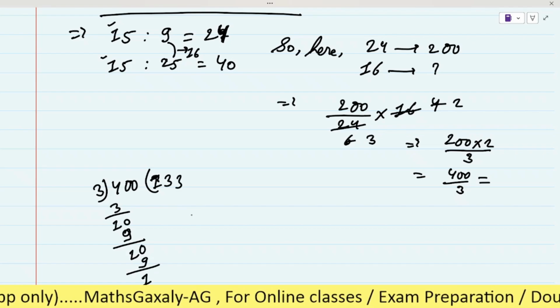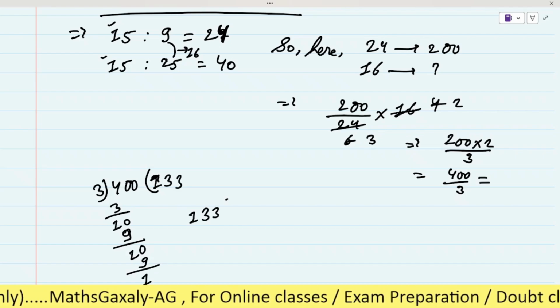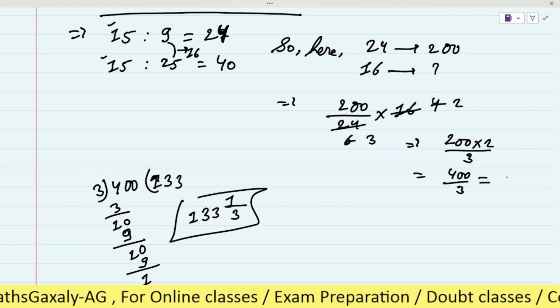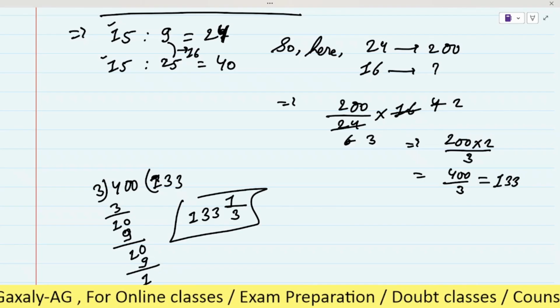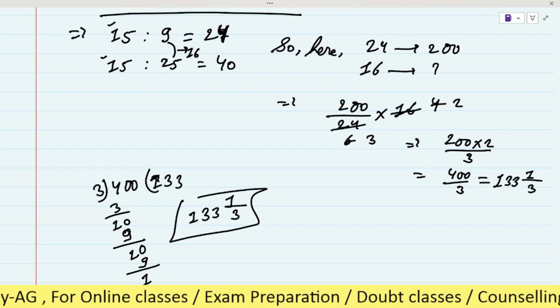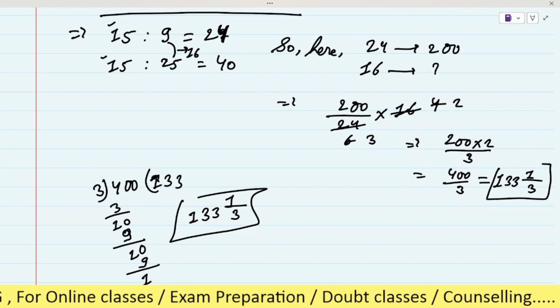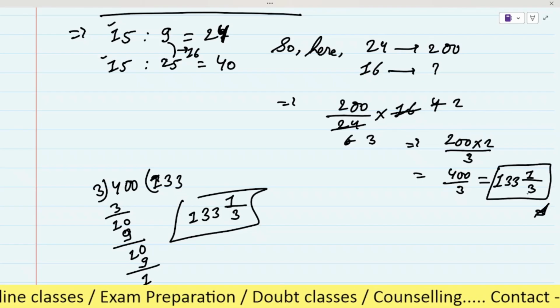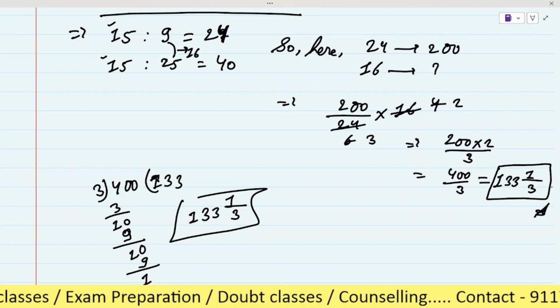So the mixed fraction will be 133 whole 1 by 3, and this will be the answer. 133 whole 1 by 3. Is it clear? So this many grams of copper we have to add.